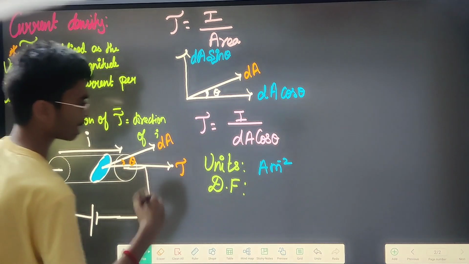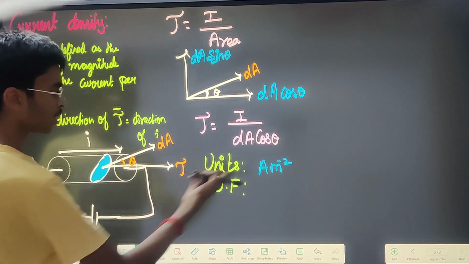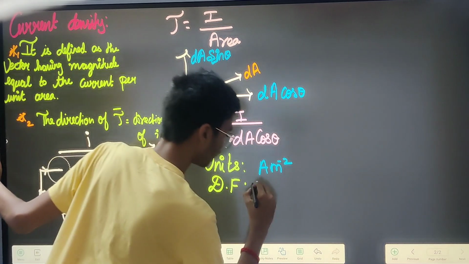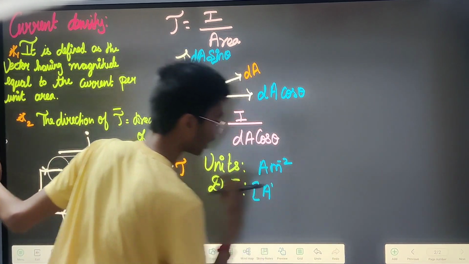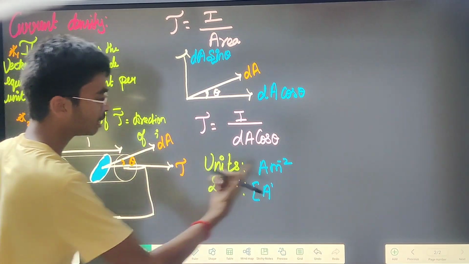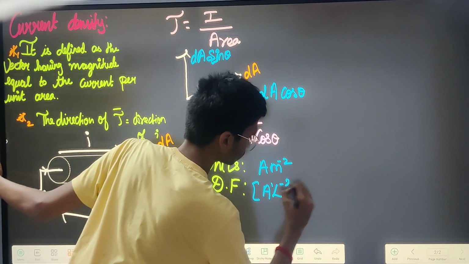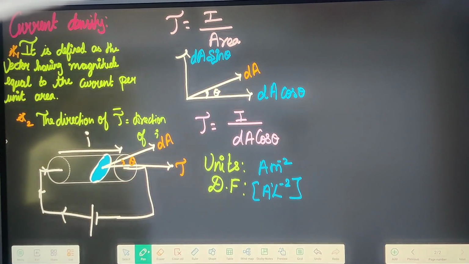It is ampere to the power of 1, and meter is length, so length to the power of minus 2 is the area.